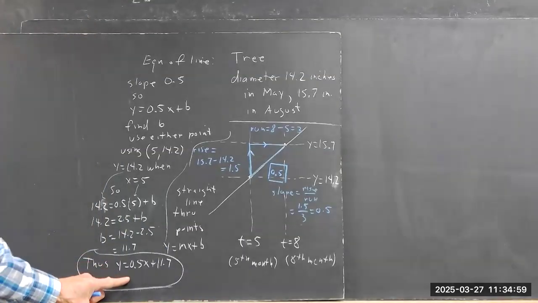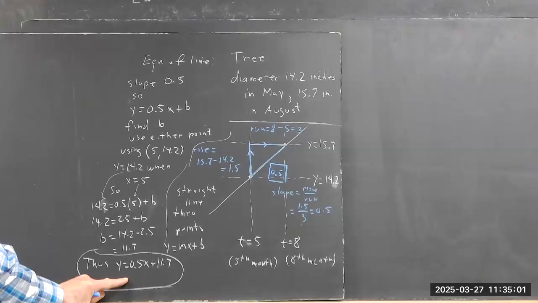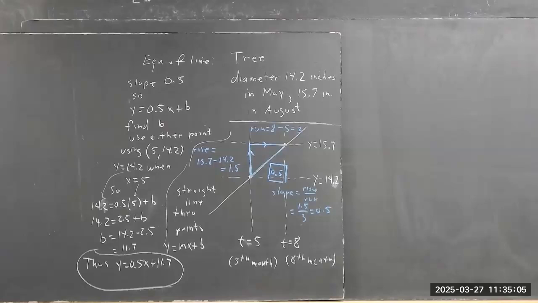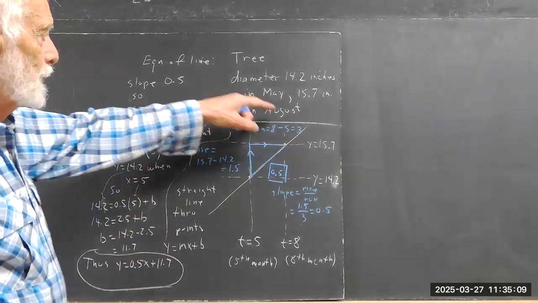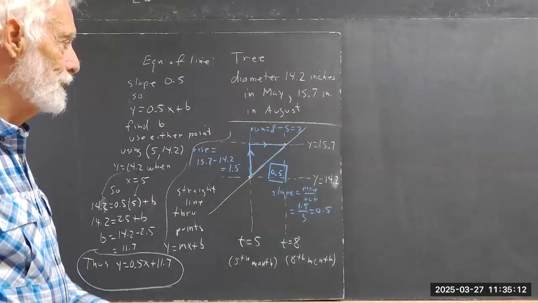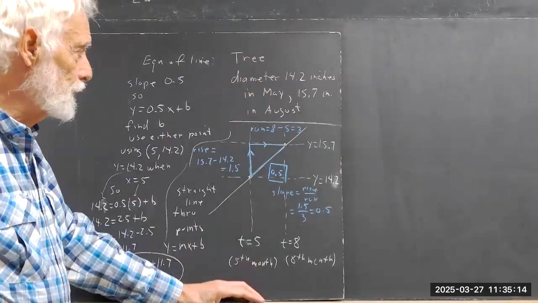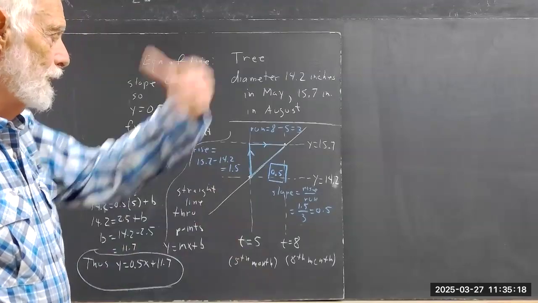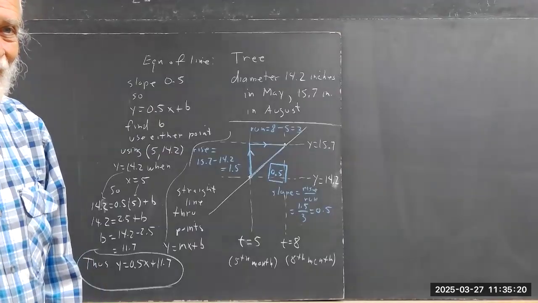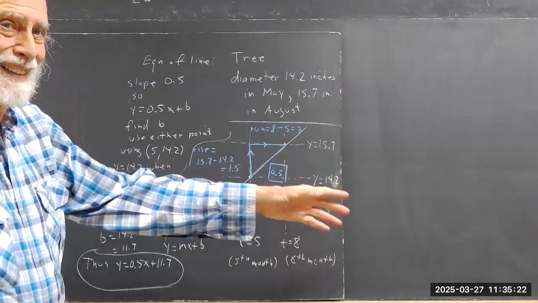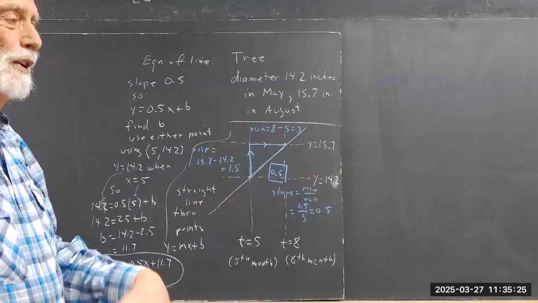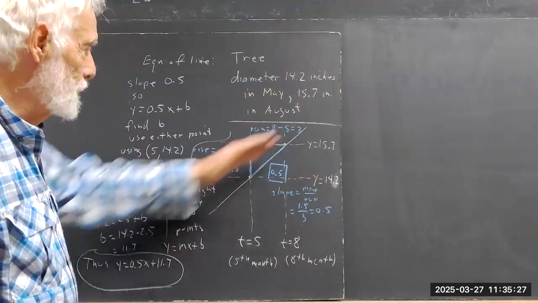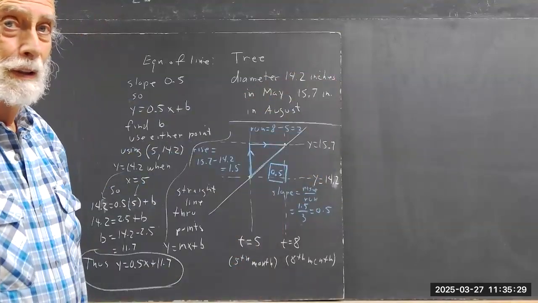So there's the equation of the line. Now I'll typically ask you, okay, tell me. Now for a tree growing month to month, it doesn't make a lot of sense for me to say, well, what's the diameter going to be 4 years later, because you've got winter where the tree doesn't grow. The line is not going to stay straight.